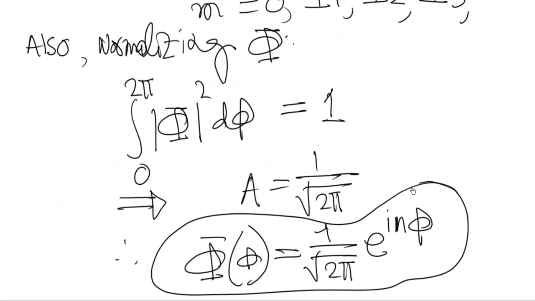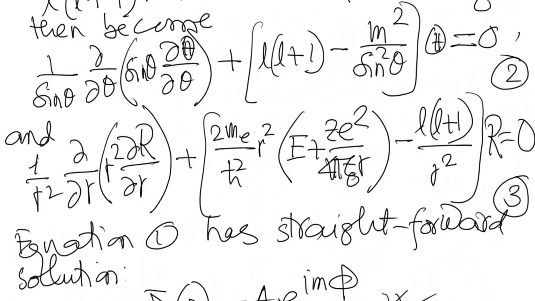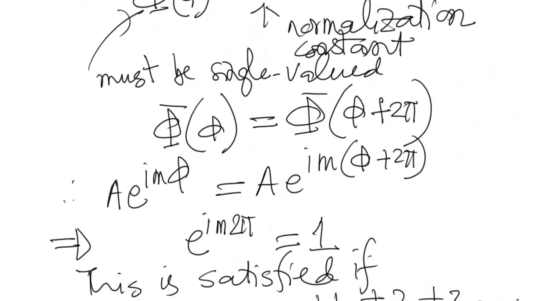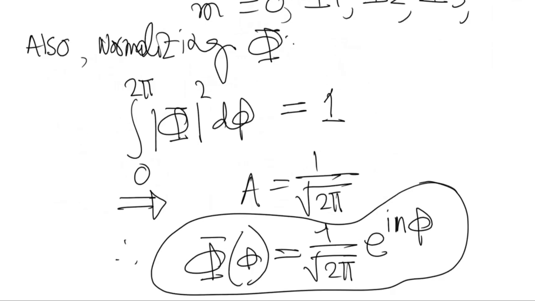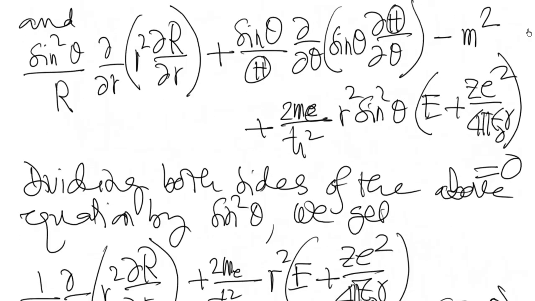The solutions of the other 2 equations, the equations for r and theta, these equations 2 and 3, have solutions. These solutions are complicated. The mathematical calculations show that the solutions of those 2 equations are these. I'm now going to write down those solutions.